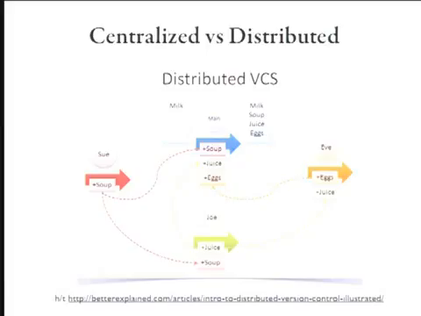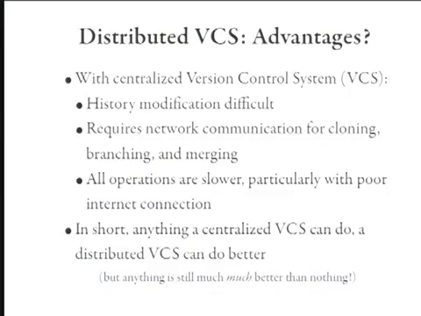In my opinion at least, and I think in a lot of other people's opinions, I used to use SVN, which was a centralized VCS system. But I quickly got turned over to Git because it has these advantages of a distributed version control system. With centralized, history modification is difficult.